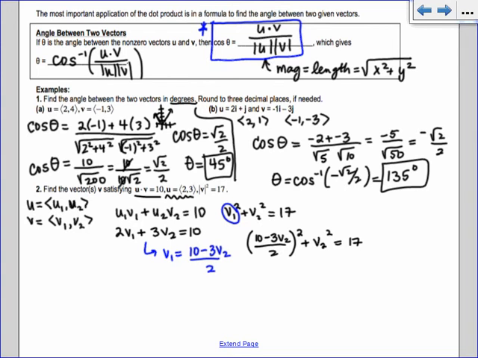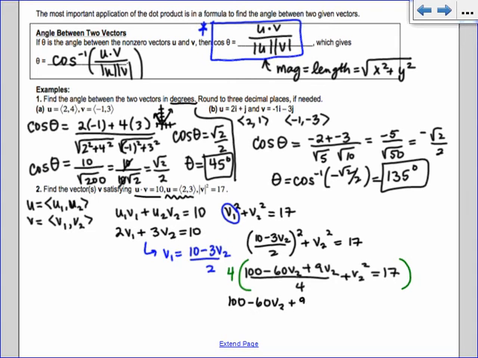So when I FOIL this all out, I get 100 minus 60v2 plus 9v2 squared all over 4 plus v2 squared equals 17. And I don't like that 4, so I'm going to multiply both sides of my equation by 4. So now I get 100 minus 60v2 plus 9v2 squared plus 4v2 squared equals 17 times 4, which is 68.